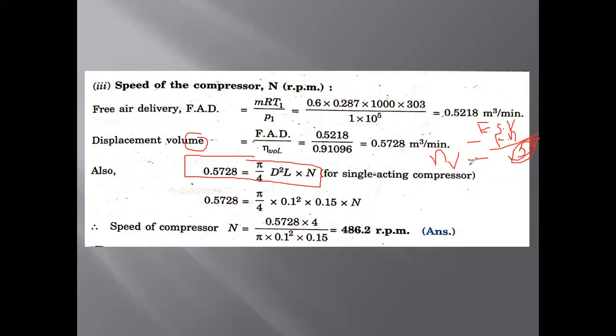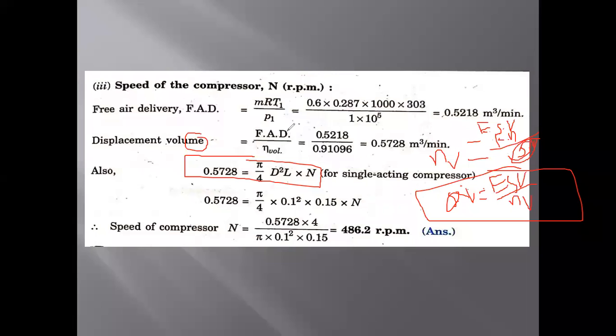Now what is the swept volume or displacement volume? This swept volume will come to the left-hand side. It will become effective swept volume, or free air delivered, by volumetric efficiency, right? So this formula he has taken here: free air delivered by volumetric efficiency. This swept volume is nothing but displacement volume only. Here the effective swept volume is nothing but the free air delivered.